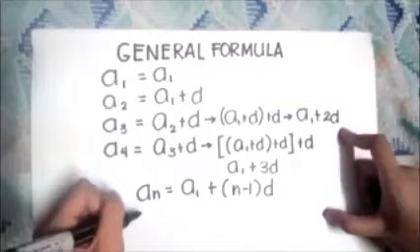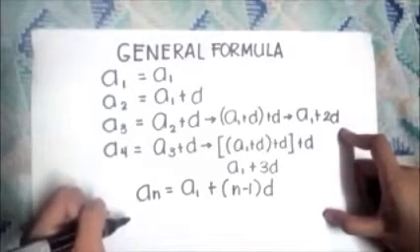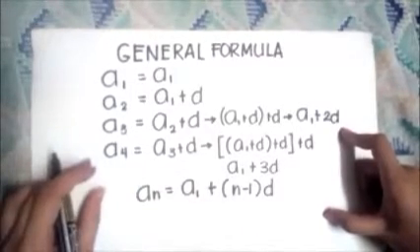So this is what we call the general formula to find the next term in the arithmetic sequence.